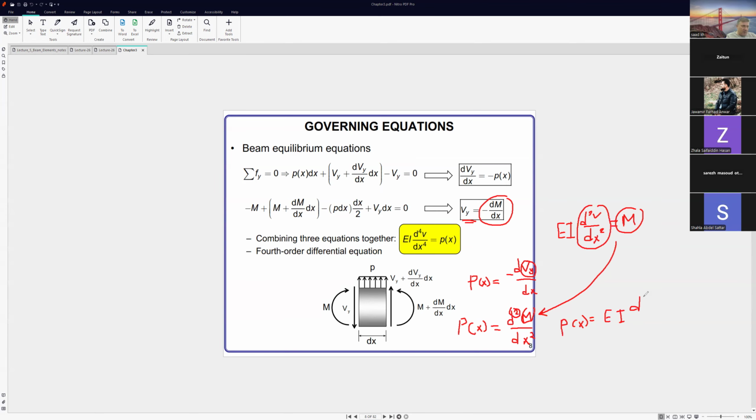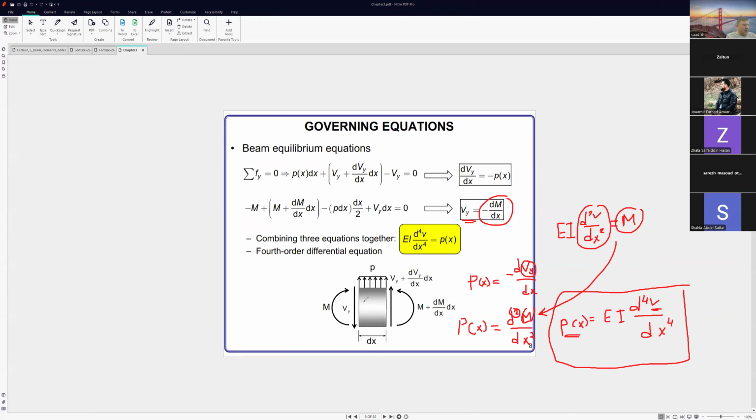It will be the fourth derivative of v over dx to the power 4. Okay, so this is the relation between the force and the v here.